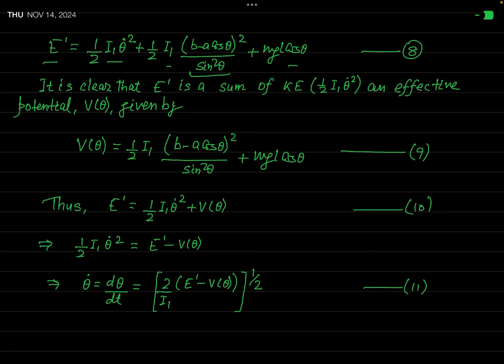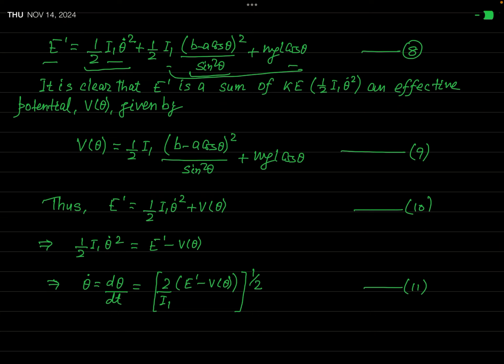Now you can see that this first term, 1 over 2 I1 theta dot square, is the expression for kinetic energy. So the sum of the remaining two terms will definitely represent the effective potential energy, or effective potential.